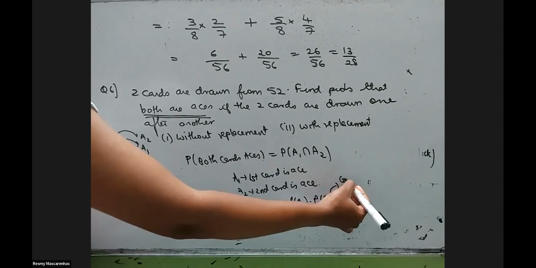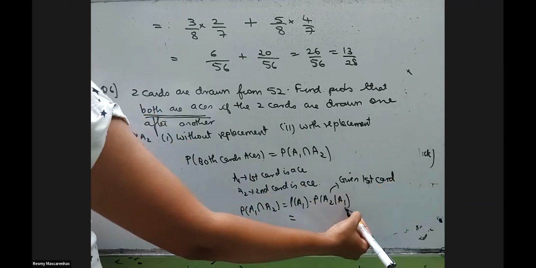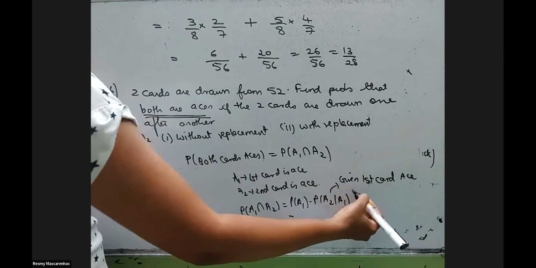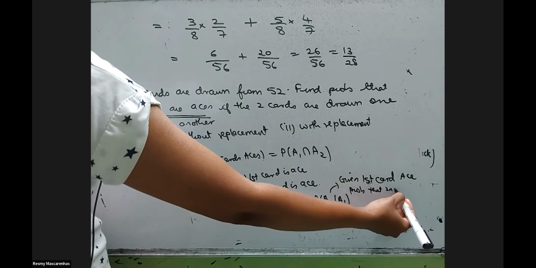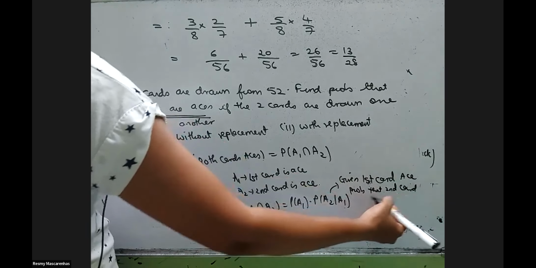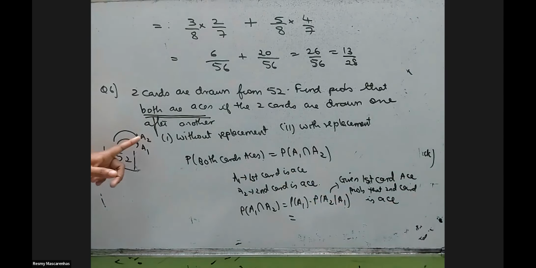This is how to read it. Given the first card is ace, probability that the second card is A. First, how many chances are there? How many aces are there normally?